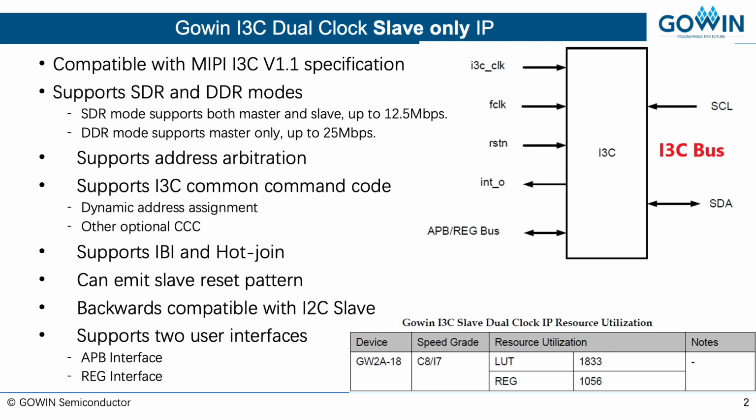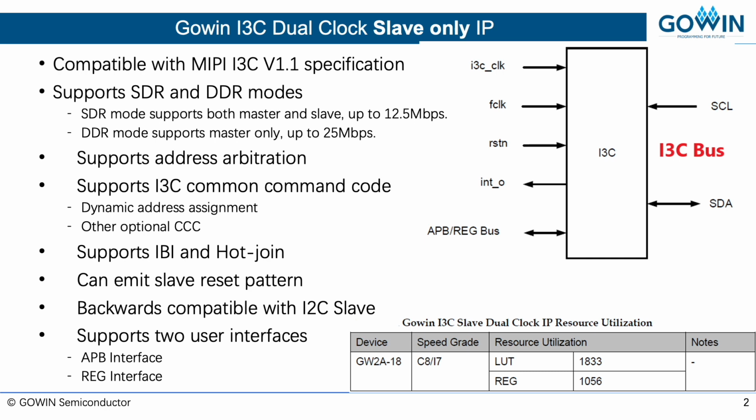The ratio of I3C_CLK to FCLK must be 9:4 for normal I3C communication. There are no changes on how these clocks are used.